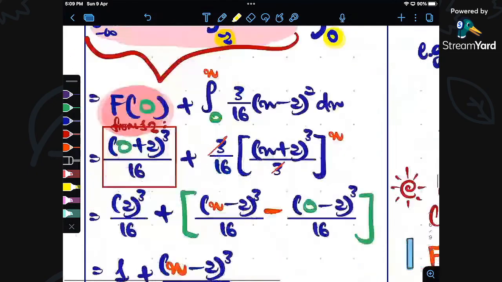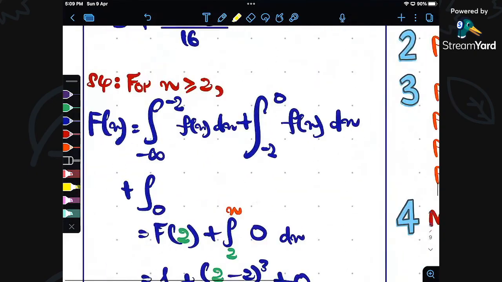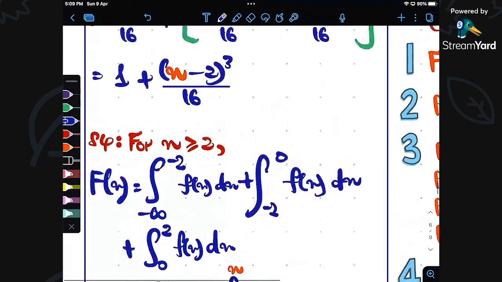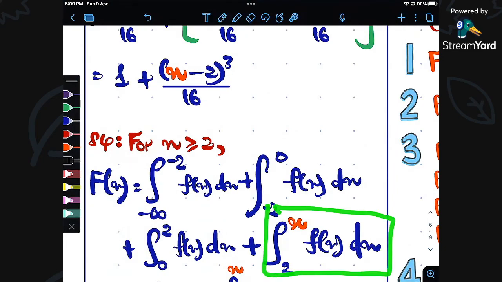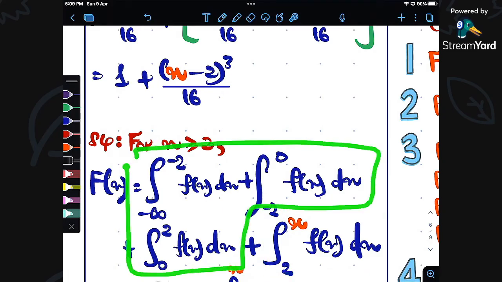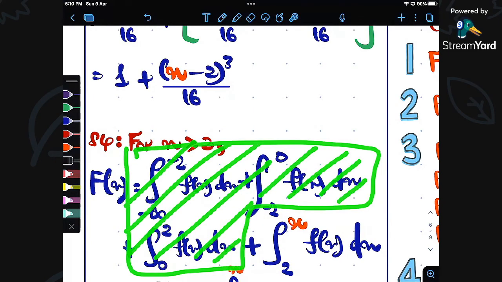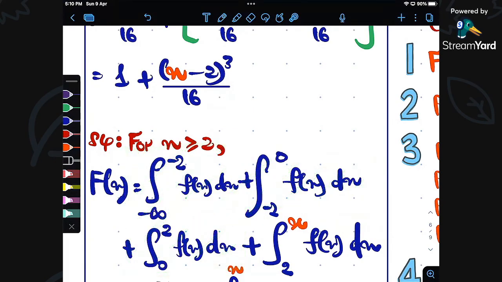So we write from 0 to 2, f(x) dx. And then the last part of the region, from 2 until x, put the function f(x) dx. But still we have to write down all of the first 3 terms as well, indicating we know the first 3 regions.